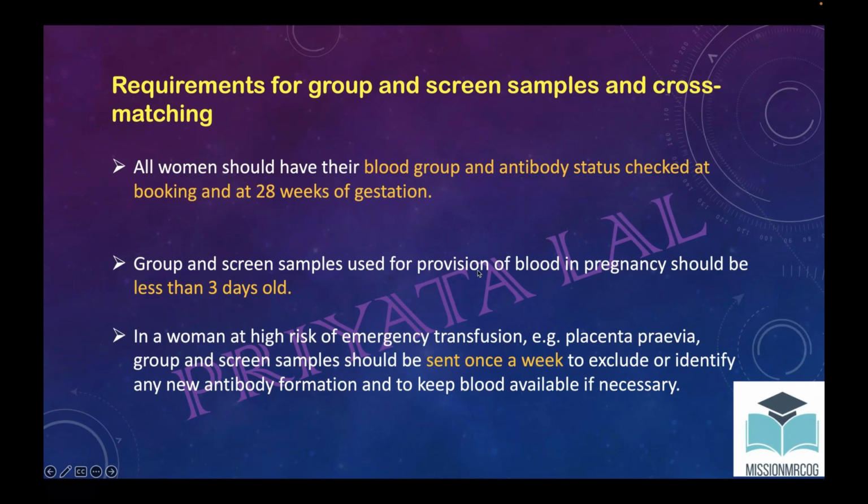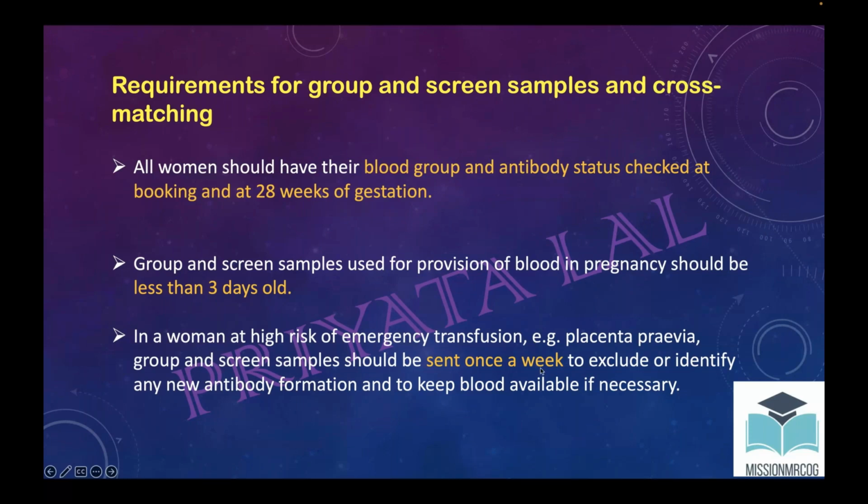But if there is a high risk of transfusion, in that situation the group and save screen sample should be sent once a week, because they want to know whether there is a development of any new antibodies, so that they can keep blood available accordingly to the requirement of the patient.